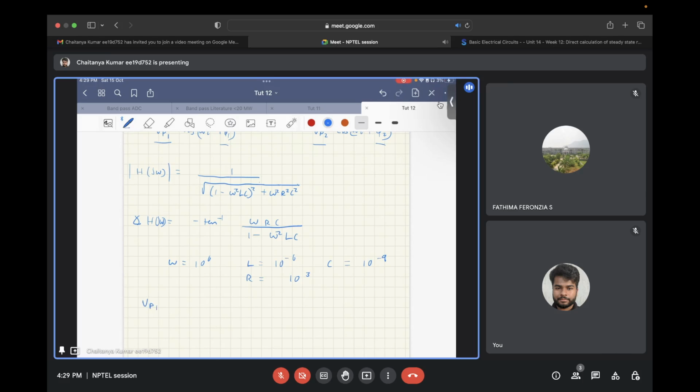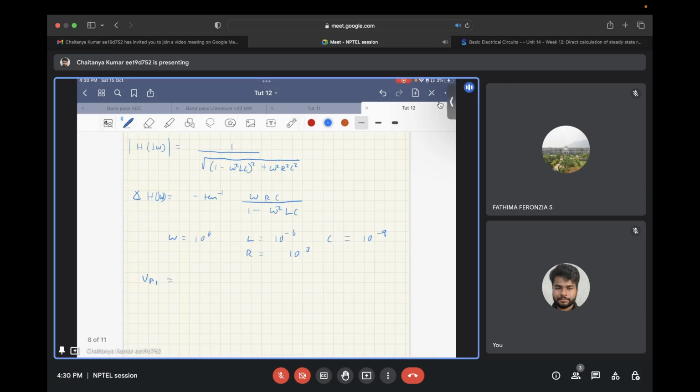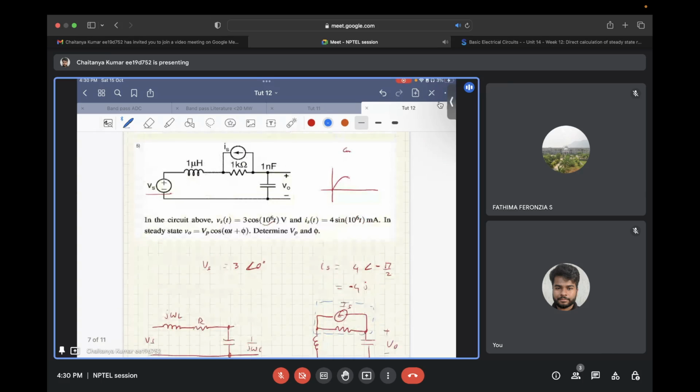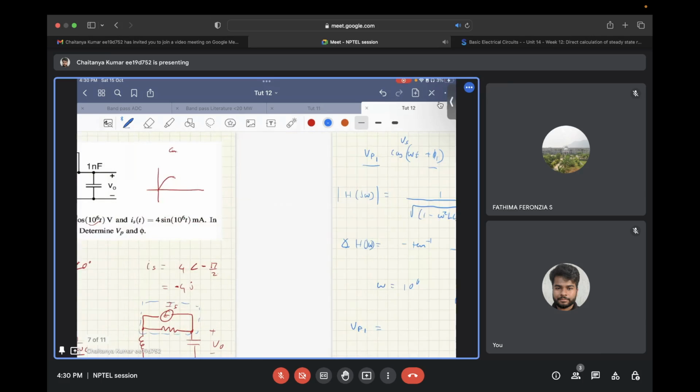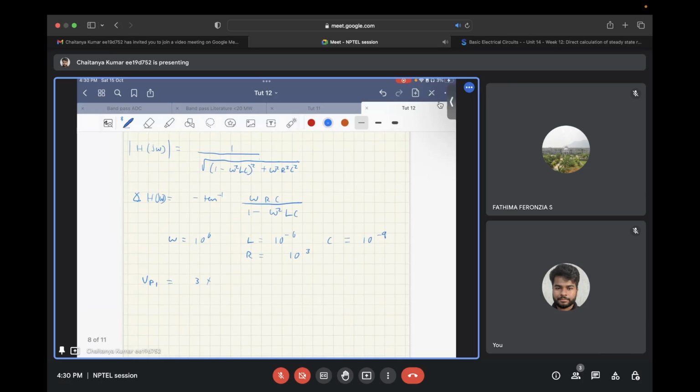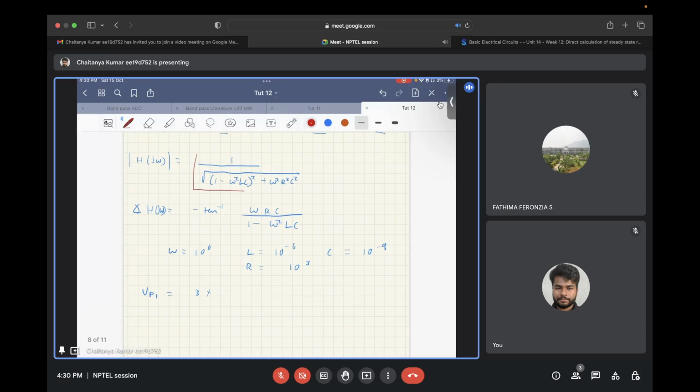Vp1 will be equal to the voltage of input, which is 3. So Vp1 will be 3 into this expression.